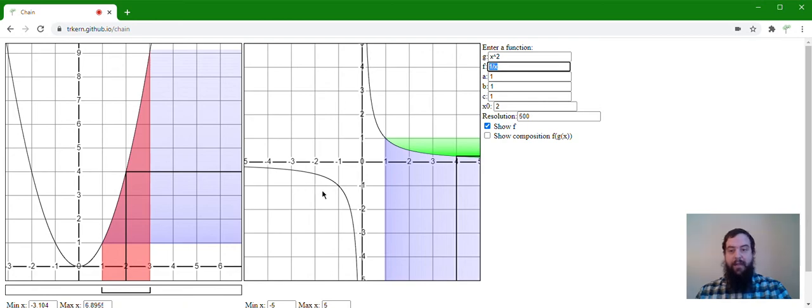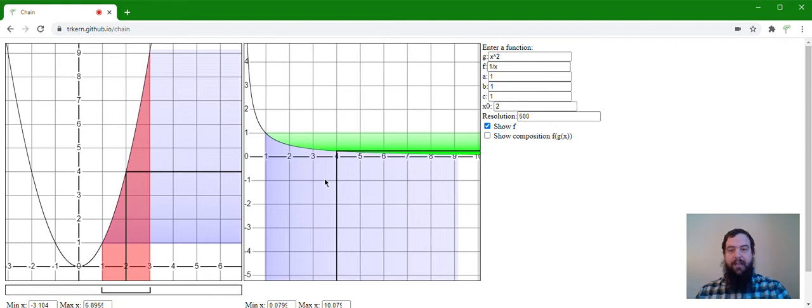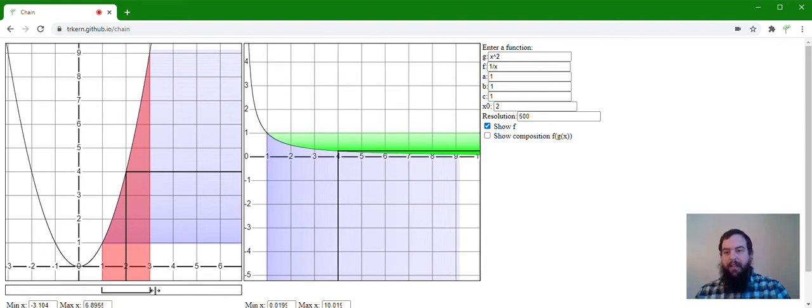So here we have the graph of f of x is equal to 1 over x, and what this interactive has done is it's taken this range of output values and imagined plugging all of those different output values into the function f of x is equal to 1 over x. So we're taking our results from g of x, and plugging them into f.